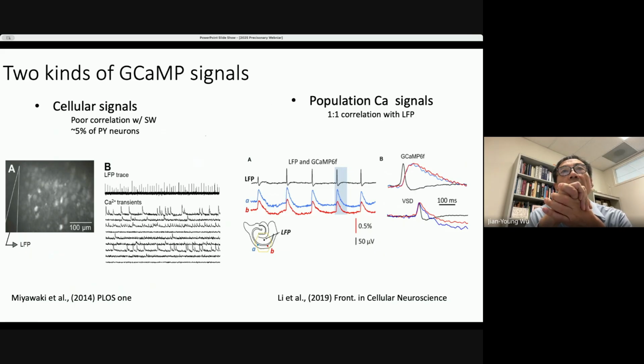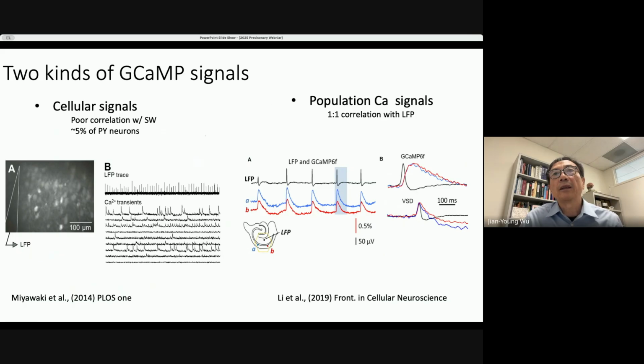So for the population calcium signals, we cannot use 2-photon to see them, because 2-photon is too noisy at such a low fractional change rate. Using an ordinary camera and ordinary fluorescent microscope, we can pretty clearly see those calcium signals during the sharp wave.